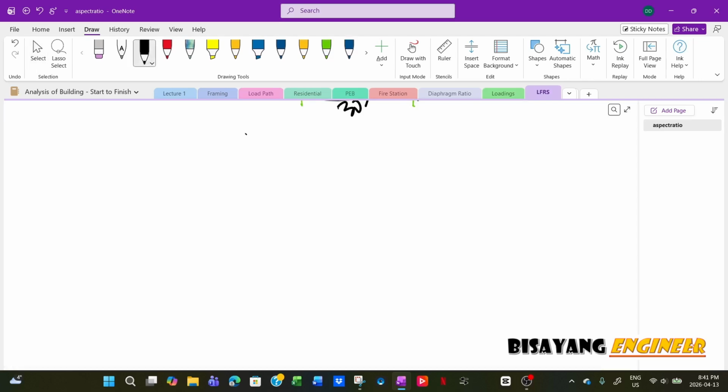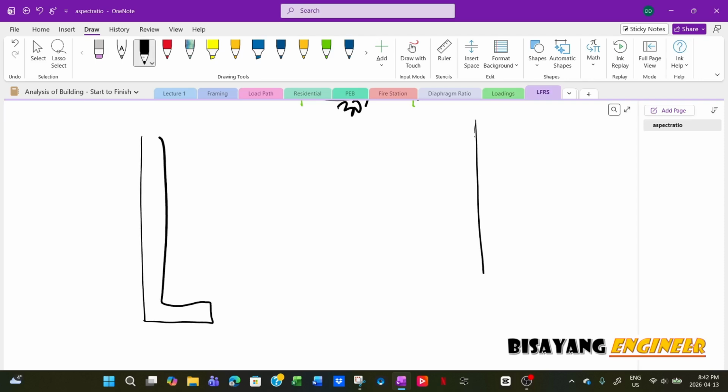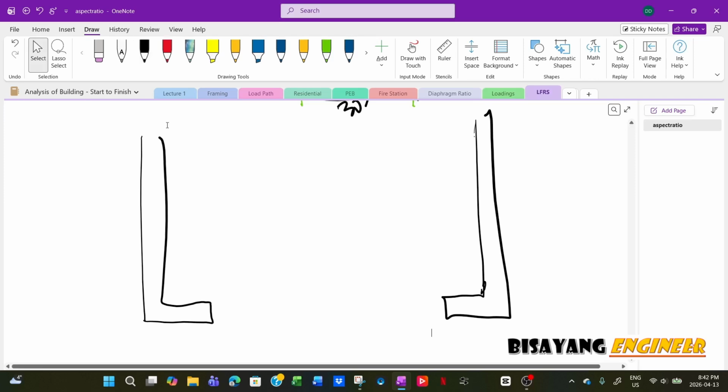So wind column is, for example, this is your wall, like this is the overhead door.